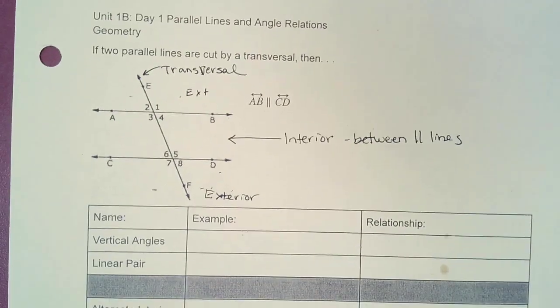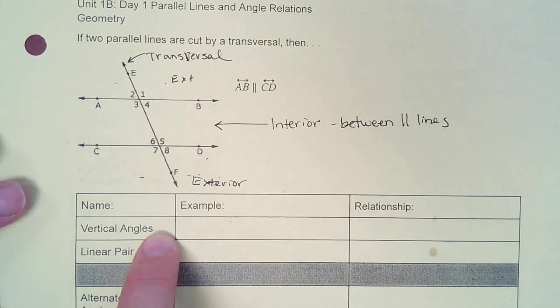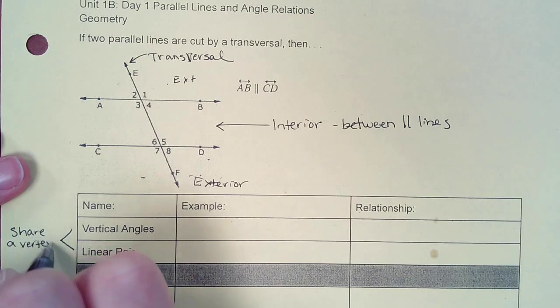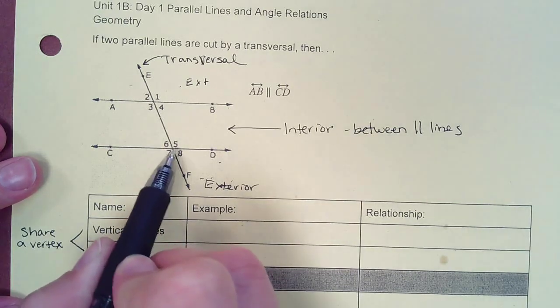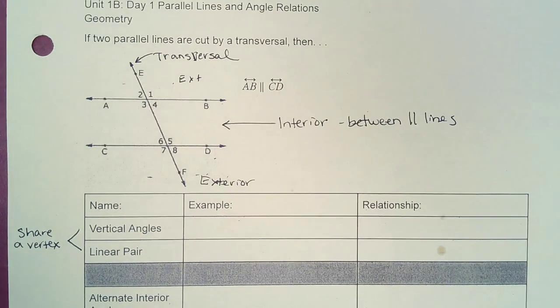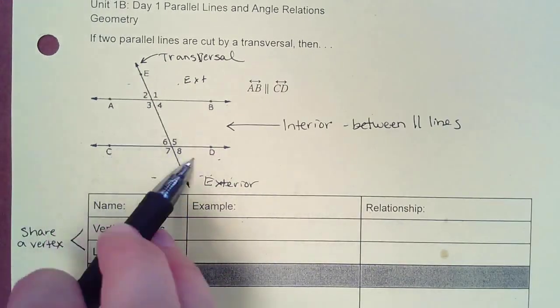Okay, so let's look at the different relationships we have. So first we have vertical angles and linear pairs. Both of these things, they share a vertex. So these are angles that share a vertex, so they share like the point in between them. So let's look. Vertical angles are angles that are like opposite each other.